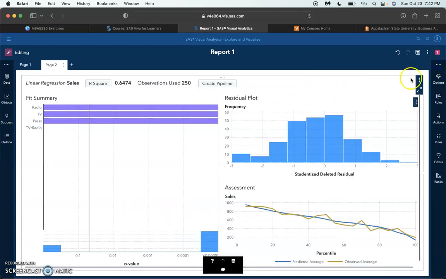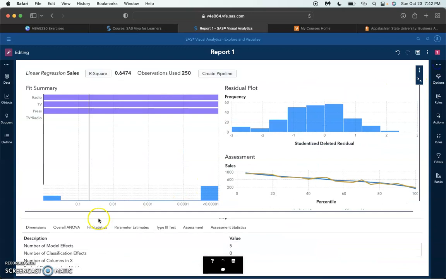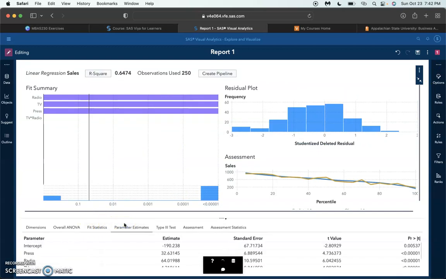So I'm going to close out this side and go right here.